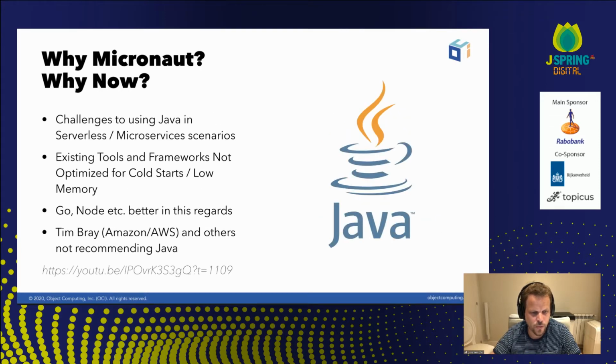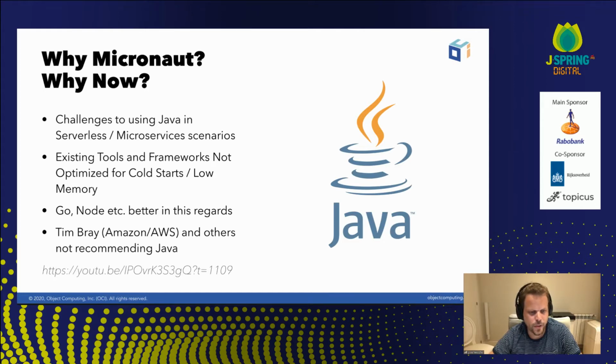So why Micronaut? Why now? When we started building Micronaut, there were definite challenges, and there still are definite challenges for using Java in serverless and microservice scenarios. Existing tools and frameworks were not really optimized for cold starts, low memory footprint scenarios, particularly with things like containerization, Docker, and so forth.